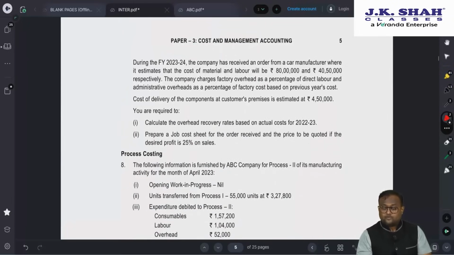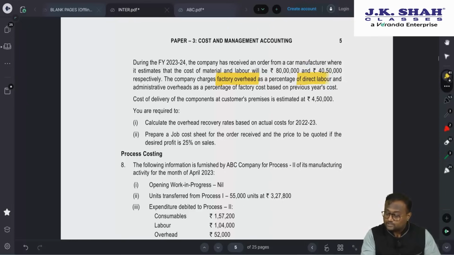During the financial year 2023-24, the company has received an order from a car manufacturer where it estimates that cost of material and labor will be 80 lakhs and 40 lakh 50,000 respectively. The company charges factory overhead as a percentage of labor, and admin overheads will be charged as a percentage of factory cost.